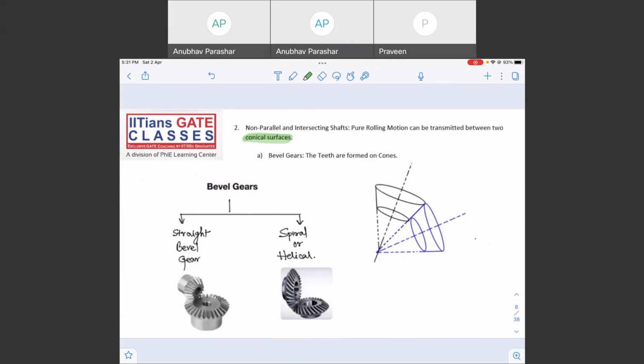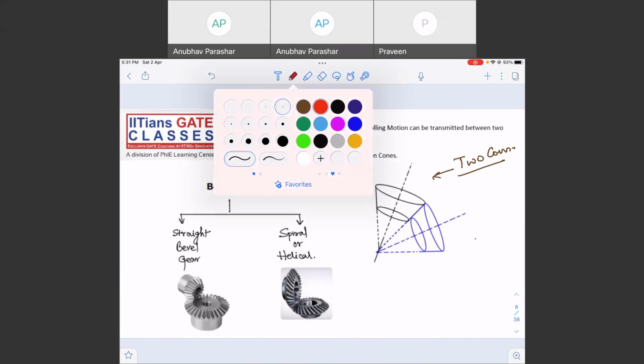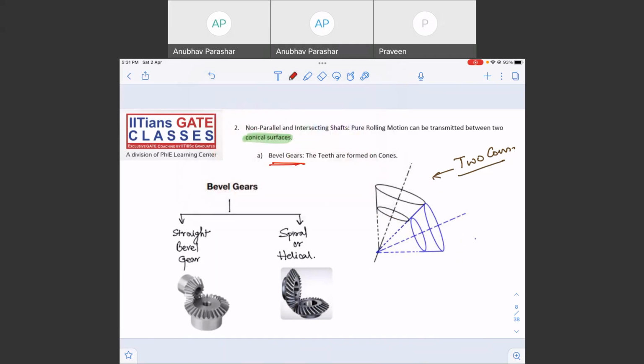As you can see, these are two cones. We'll not use the whole cone, we'll just use a part of the cone, right? And we are going to form teeth on the surface of the cone. So this kind of gear is known as a bevel gear. The teeth are formed on cones.